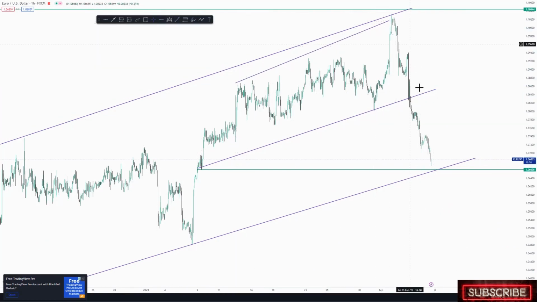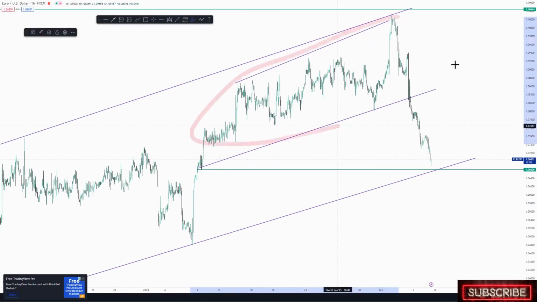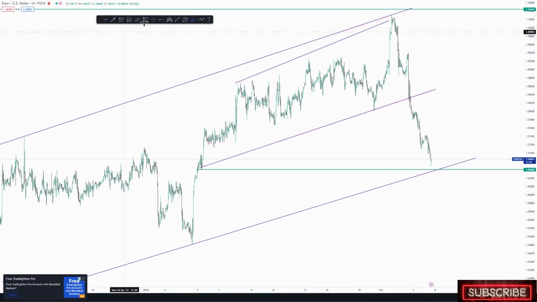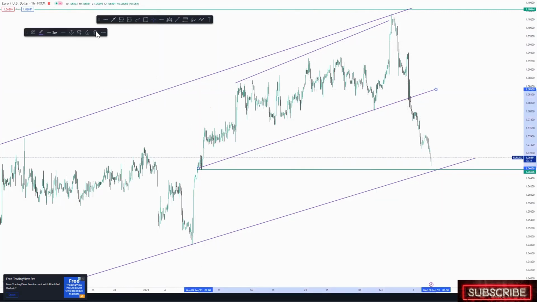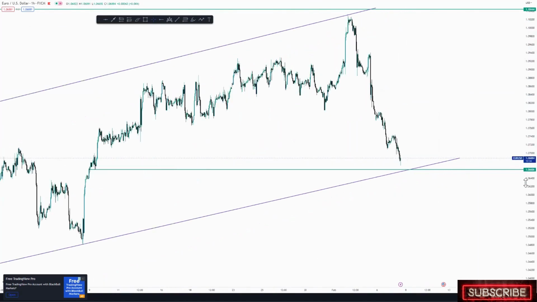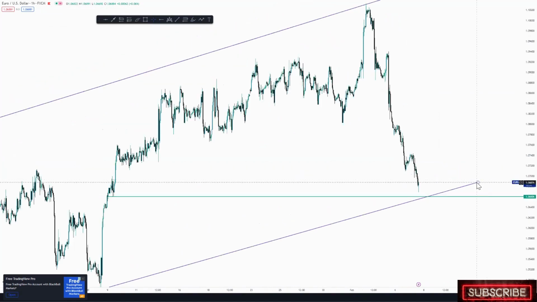So if the market sells, I'm talking about a copy or repetition of this overall structure that we're currently inside, if the market ends up breaking out. But for now, we need to respect the fact that we are still inside, meaning that anything can happen. We can either break the supporting trend line, or the market might end up respecting it and actually push to go to the upside.